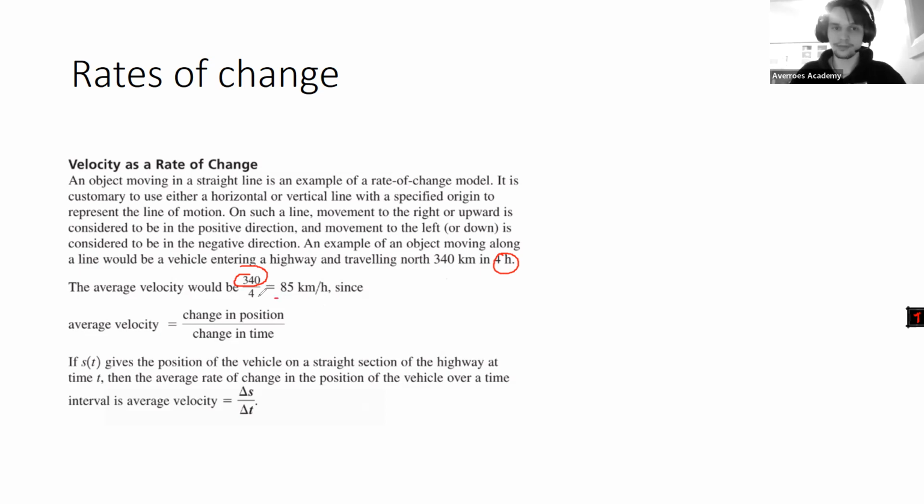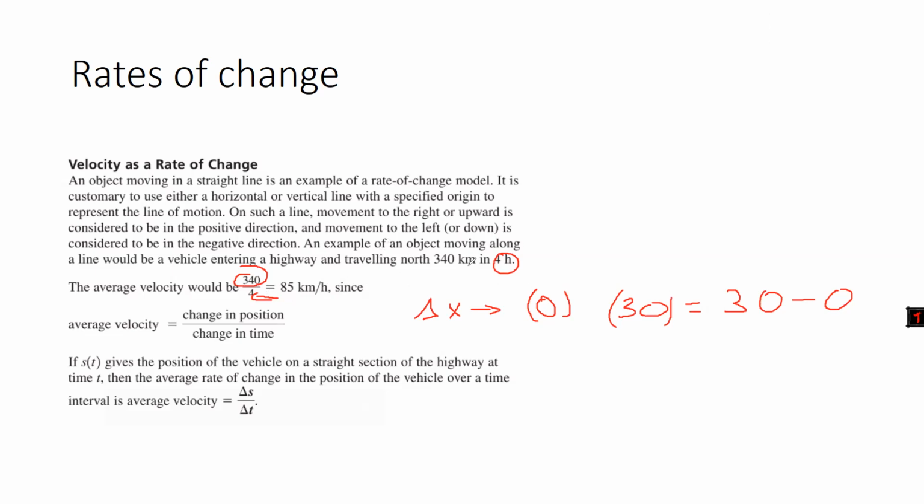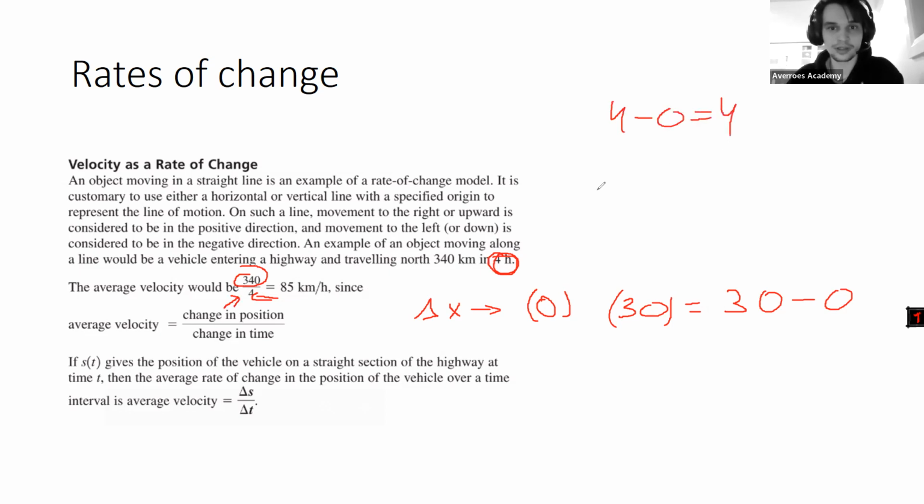The value on the bottom is delta x. When the first point is 0 and the second one is 30, you write delta x equals 30 minus 0, right? Here he was riding for 4 hours, so he writes 4 on the bottom because 4 minus 0 equals 4, because 0 is the starting point, it's x1.